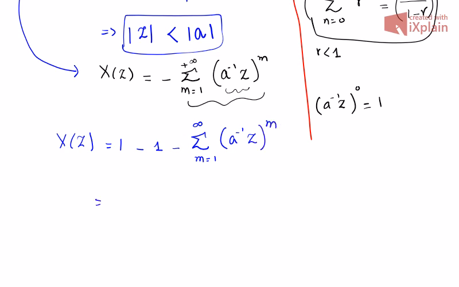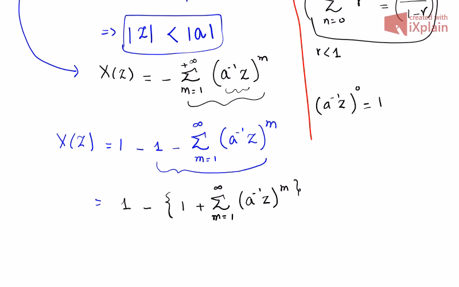Now this one we can combine in this summation, and we can write it as 1 minus 1 plus the sum m equals 1 to infinity of a raised to the power minus 1 z whole raised to the power m.